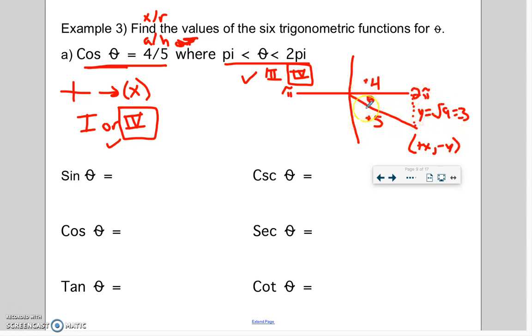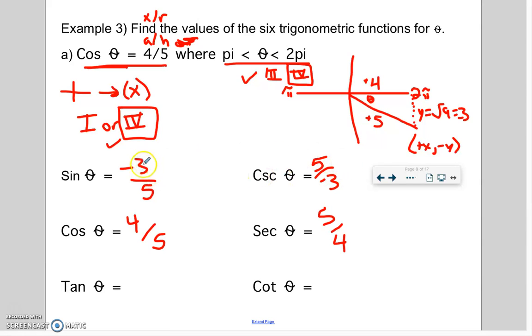Now I have all the information I need to be able to answer sine, cosine, and tangent. I know 4 over 5 is my cosine. I know my secant is going to have to be the reciprocal of that, so that's 5 over 4. My sine from my reference angle is opposite over hypotenuse, so we're looking at negative 3 over 5, which makes my cosecant 5 over negative 3.